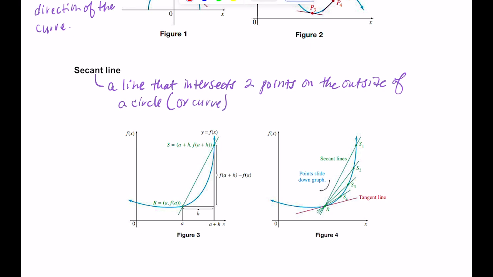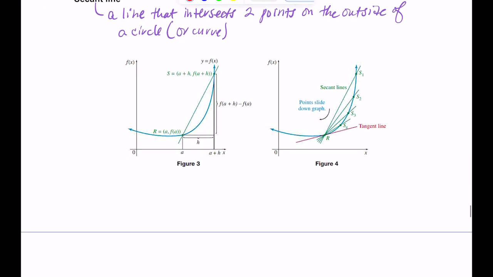So here you can see you've got this curve, and then you have this secant passing through in figure 3, and here you have a curve, and you have these various secant lines, 4 of them, passing through 1 point on that curve, in which case a tangent line is also passing through that point.